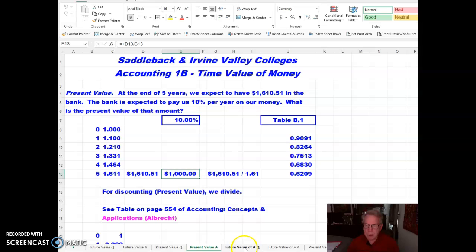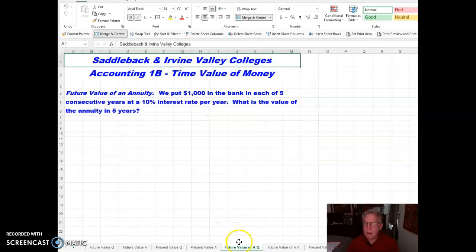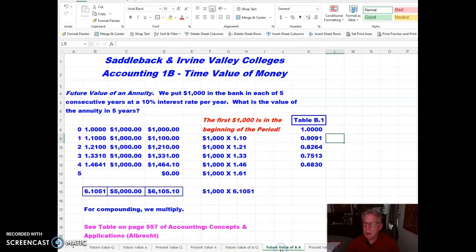We also have the future value of an annuity, and here would be an example of a future value of an annuity. We put $1,000 in the bank in each of the 5 consecutive years at a 10% interest rate. What is the value of the annuity in 5 years? Well, here's how we would do it.